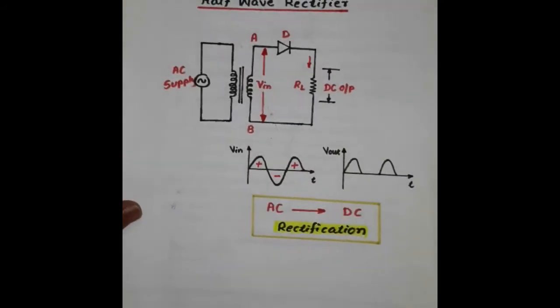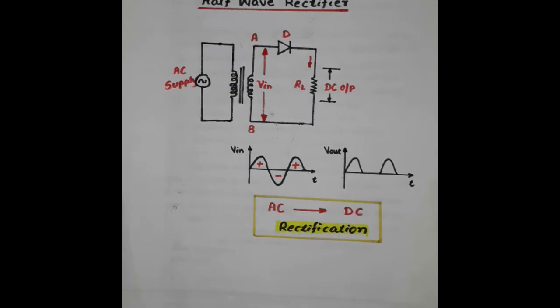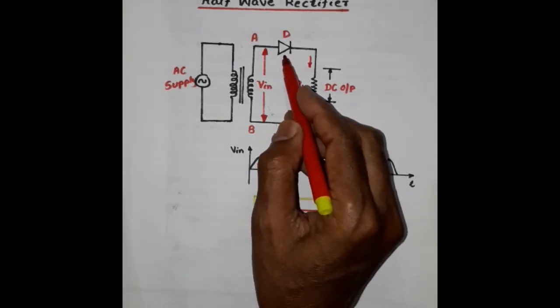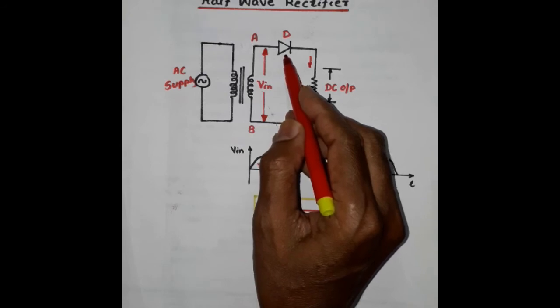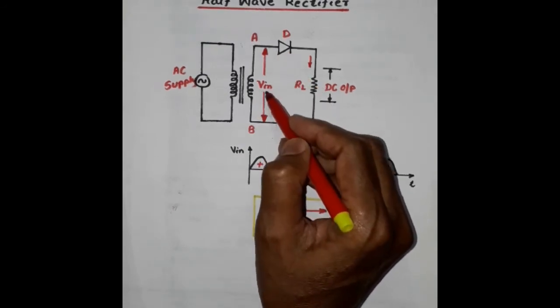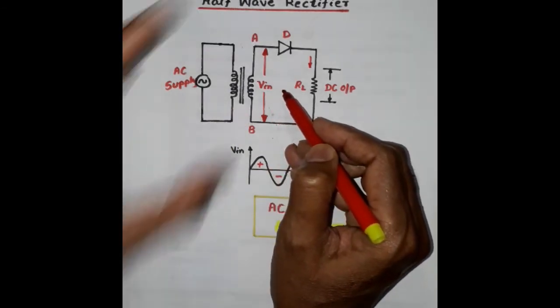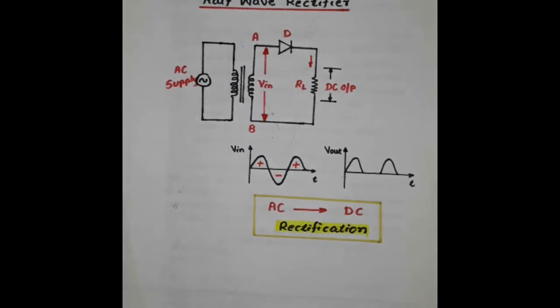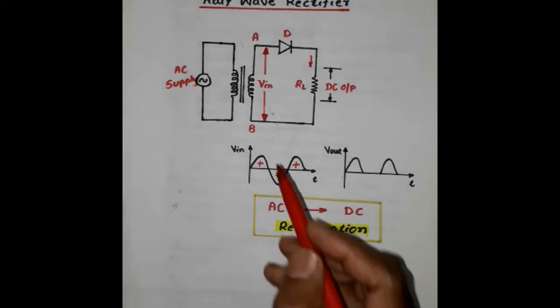In case of half wave rectifier, it is observed that when the diode is non-conducting, at that time the voltage that appears is the peak voltage across the secondary winding. So the maximum reverse voltage or negative voltage appearing across the diode when it is non-conducting is called peak inverse voltage, PIV.